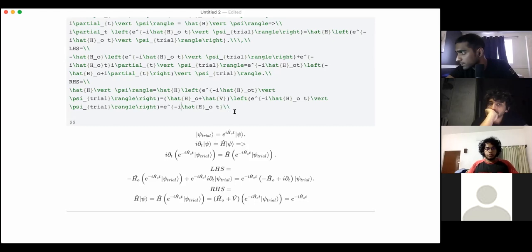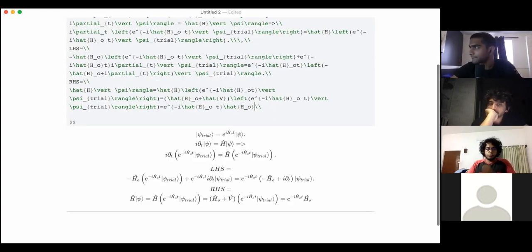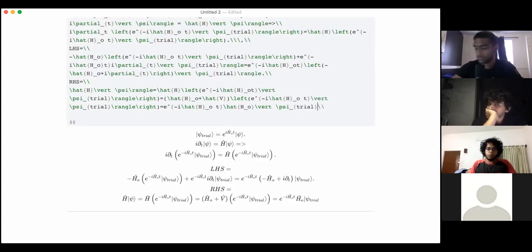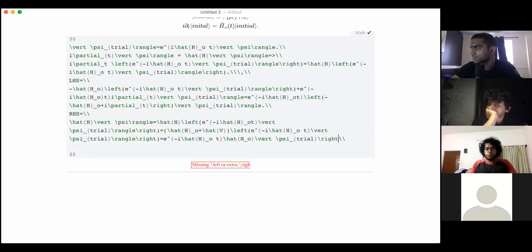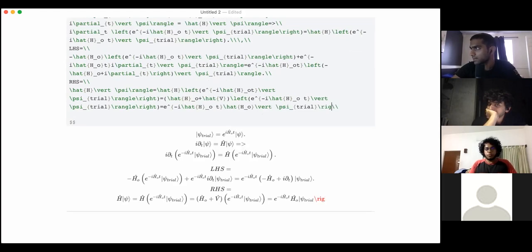Make sure we get that i, times acting on. Maybe I used the wrong symbol.